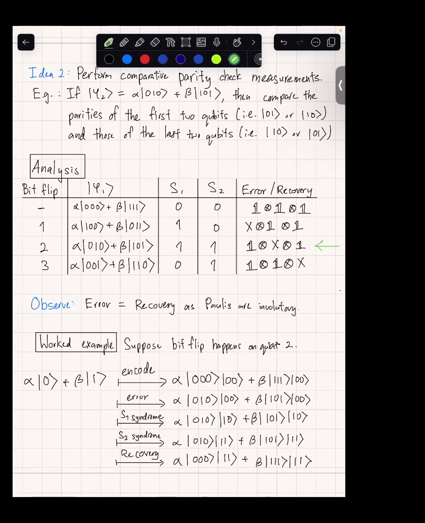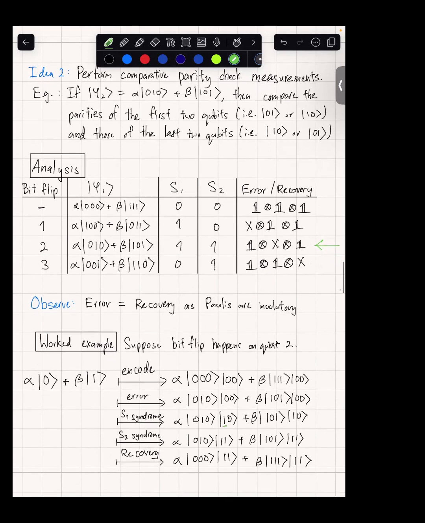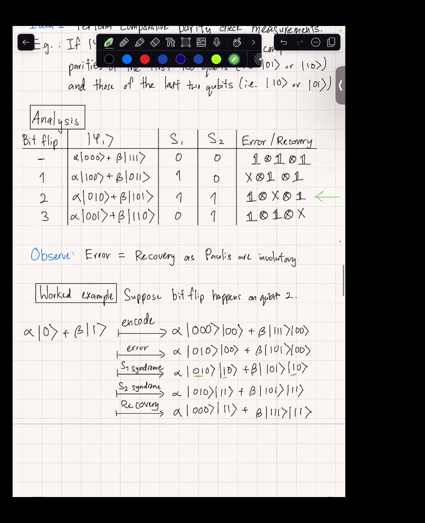Now we perform the first syndrome measurement, and it gives us 1 in the first ancilla qubit, because it takes the parity of the first two qubits and they are either 0, 1 or 1, 0, which gives us a parity of 1. Now we perform the second syndrome measurement, and that gives us 1 as well in the second ancilla qubit. And that is because it measures the second and third qubits, which are 1, 0 or 0, 1.